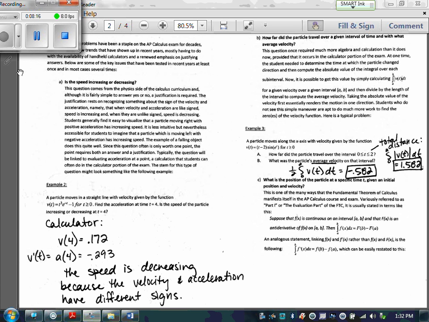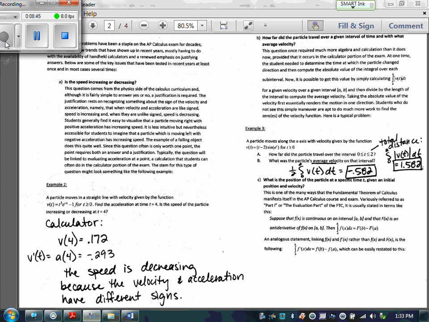Okay? All right. Part B, how far did the particle travel over a given interval of time and with what average velocity? So this is another commonly tested topic. Take a second to read Part B and look at example number 3. Example number 3 gives us a velocity function, and it says how far did the particle travel over the interval from t equals 0 to t equals 2. So I want to figure out how much it has traveled.